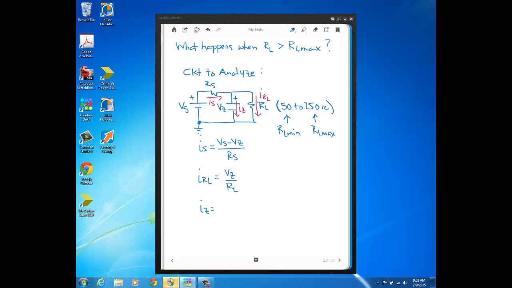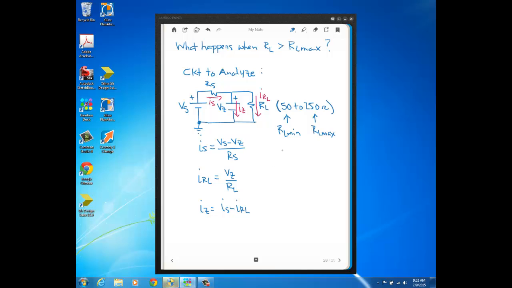Both IZ and IRL are flowing out of this top node. Again, diodes always absorb power, so current's going to flow from the higher voltage end to the lower voltage end. So that's the correct direction for IZ. So IZ, the Zener current, is just going to be IS minus IRL. So these are our 3 equations for these 3 currents in the circuit.